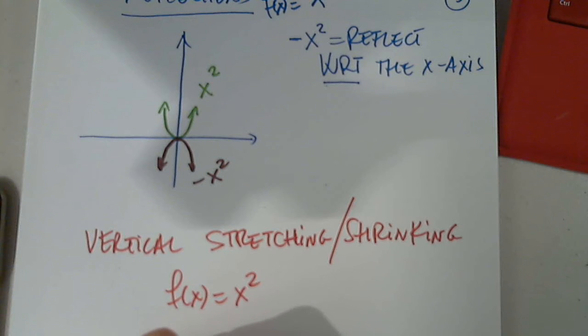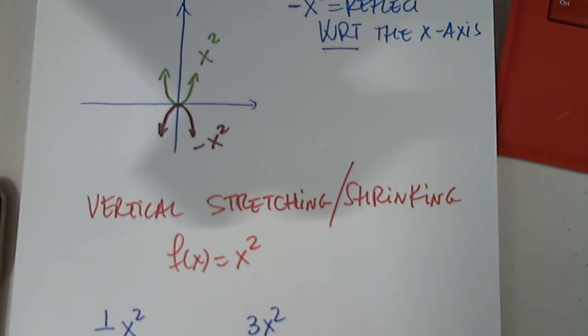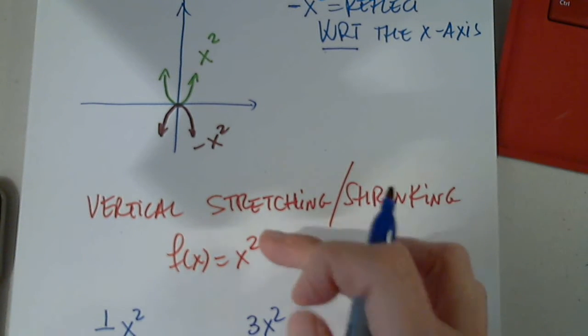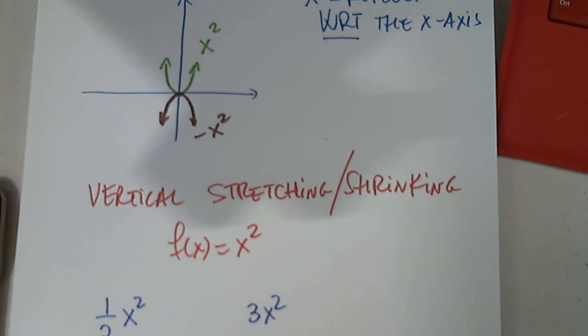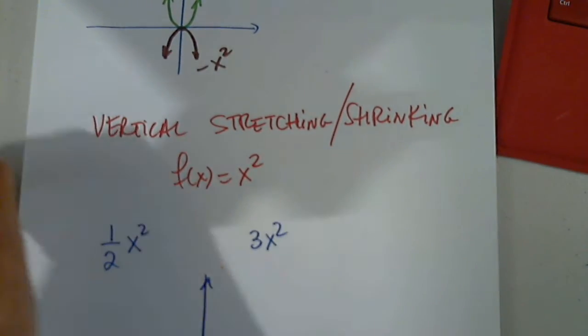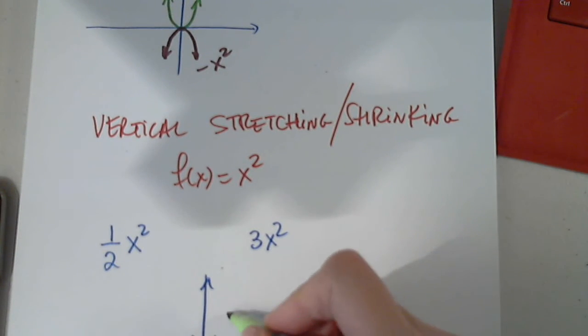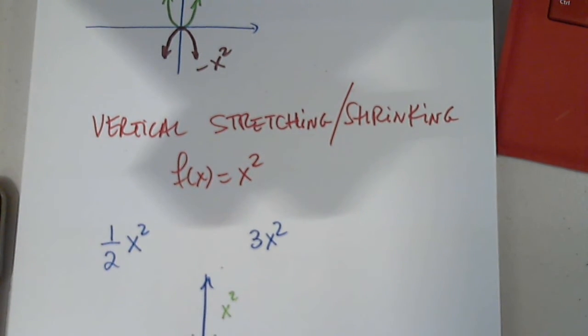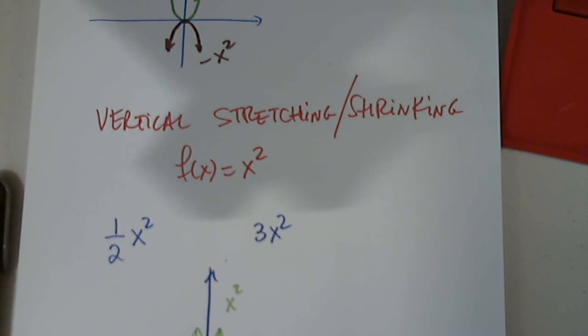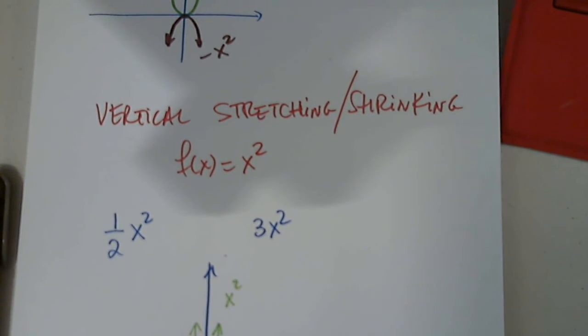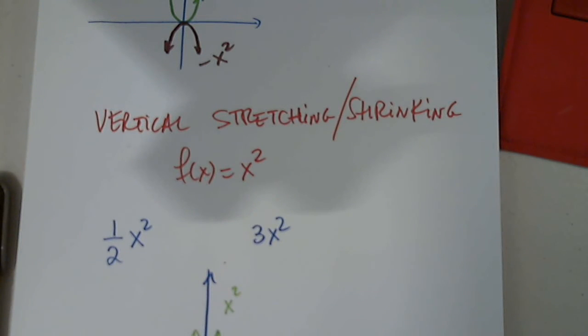There are two options here, like let's say 1/2 x squared, and the other option, let's say 3x squared. Let's see what these do to this function. So if I graph again x squared, here's x squared. Let's see what happens now when I graph 1/2 x squared.